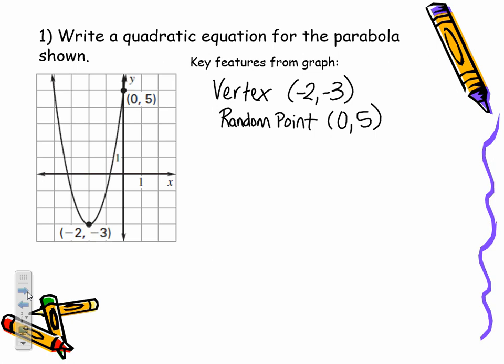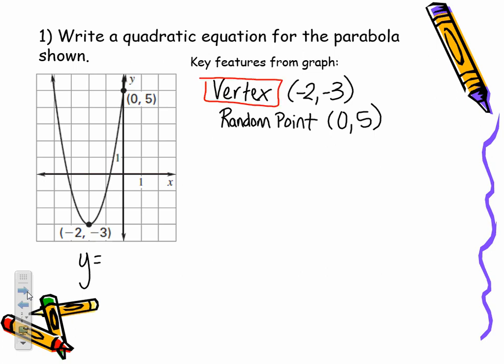And our goal here is to write the equation, write the y equals something, something, something for the parabola that would hit these spots as shown on this graph, or hit those key features. To do that, we're going to use one of our forms, or one of our general equations that we've been writing here in our little foldable and working with as we've been graphing. So see how I've given something here about the vertex?